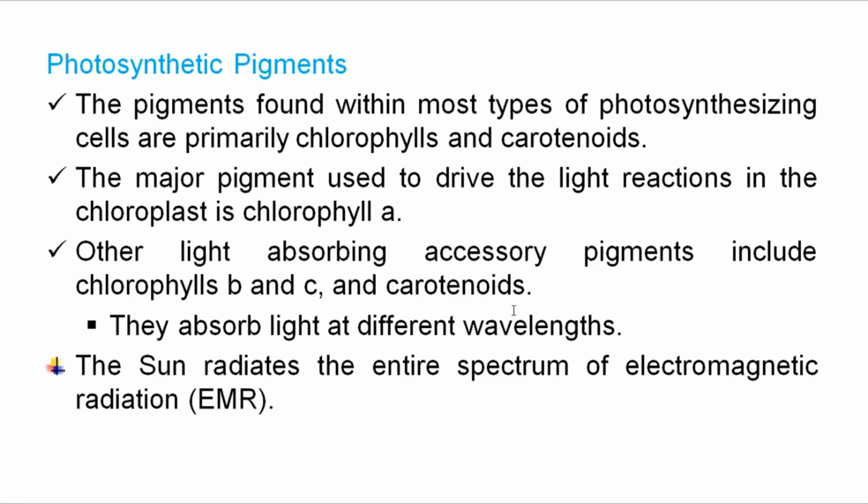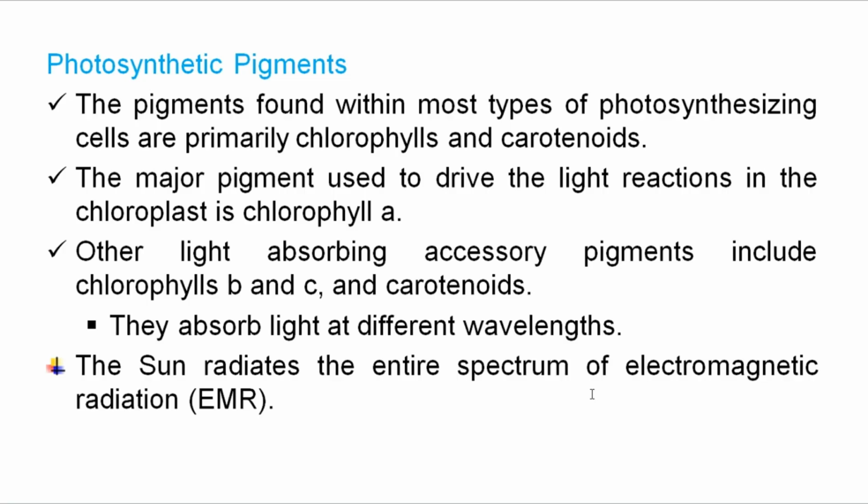So there are different pigments: chlorophyll A, chlorophyll B, chlorophyll C, and carotenoids, and they absorb light at different wavelengths. The sun radiates the entire spectrum of electromagnetic radiation. I think you are familiar with electromagnetic radiation from your physics course. This entire spectrum is known as what?